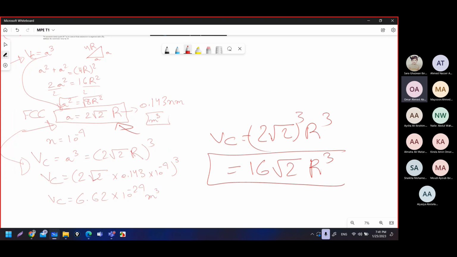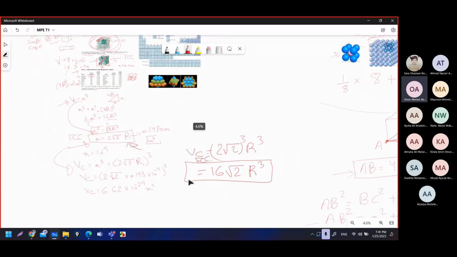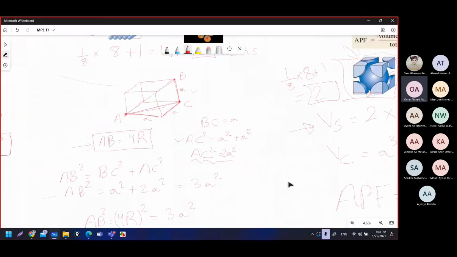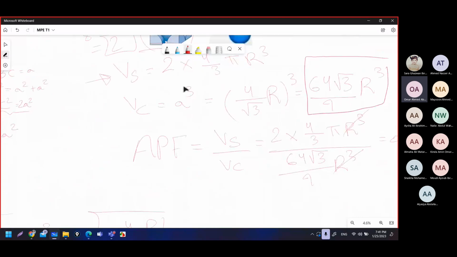So I will use this equation for VC for the FCC structure. You only need the relation between A and R, and then you can obtain VC by taking the cube of the relation.